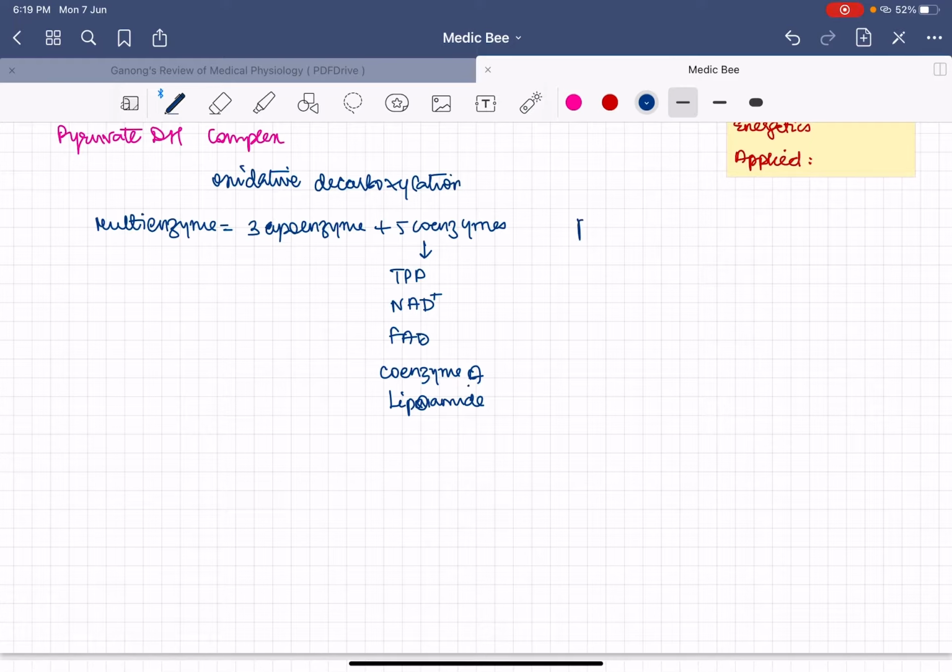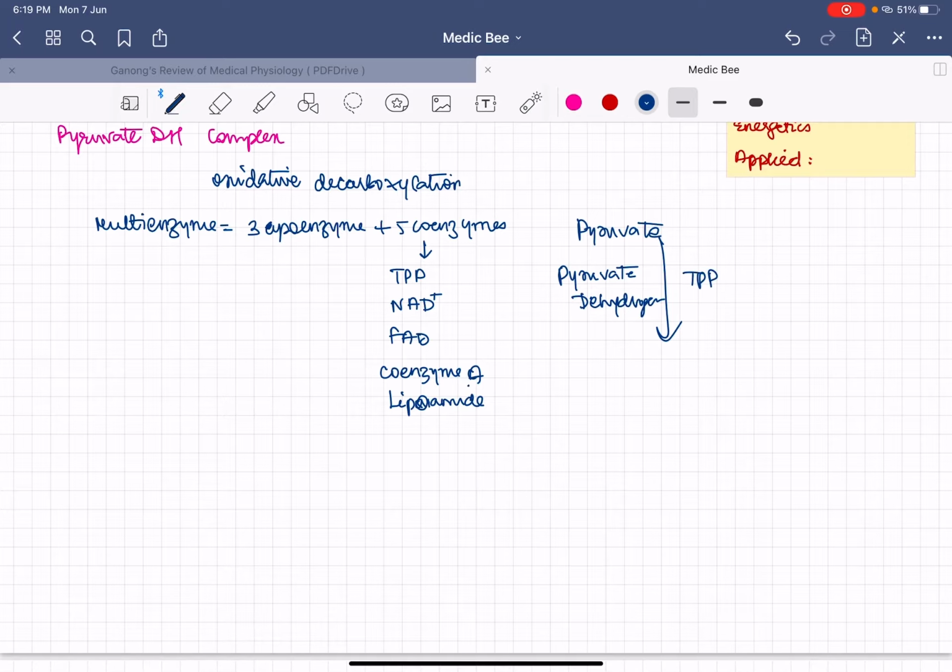So, our initial substrate is pyruvate. What happens to pyruvate? Pyruvate will be oxidatively decarboxylated by the enzyme called pyruvate dehydrogenase, and this step requires TPP as the coenzyme.